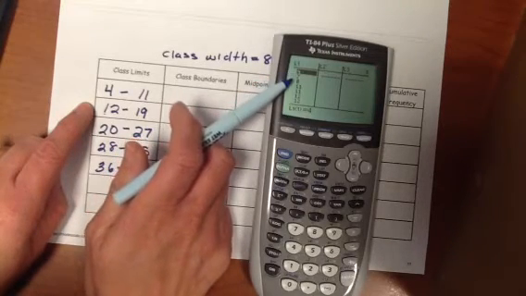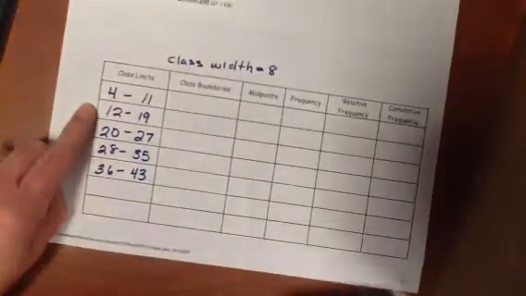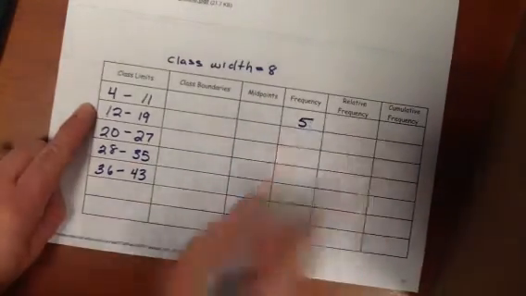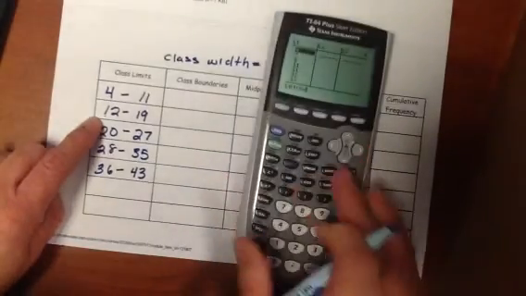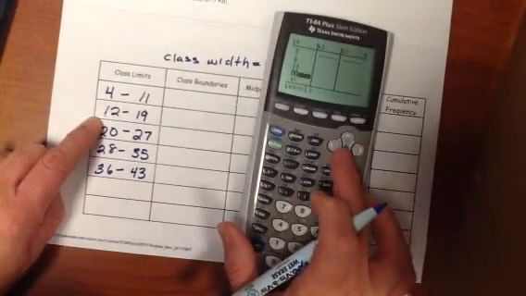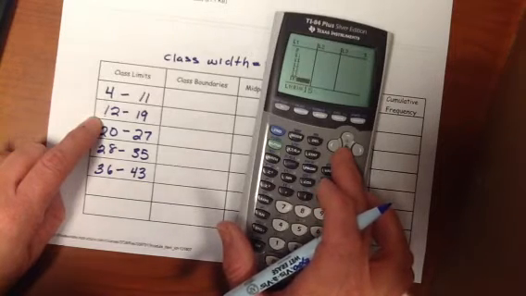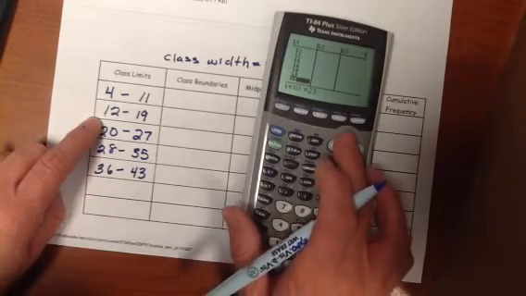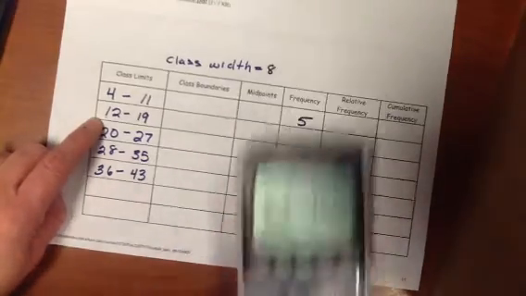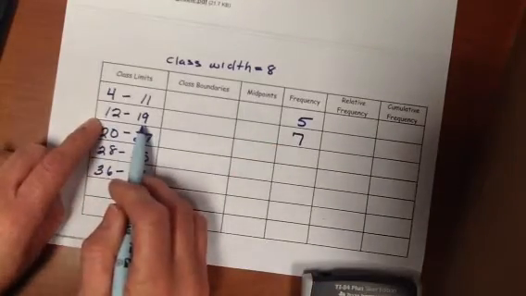I count 1, 2, 3, 4, 5 data values. So that is my frequency, 5. Now I want to count the data values between 12 and 19. 1, 2, 3, 4, 5, 6, 7. Whoops, too far. 7. So I have 7 between 12 and 19 miles.